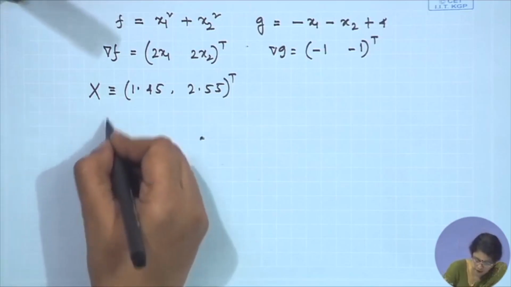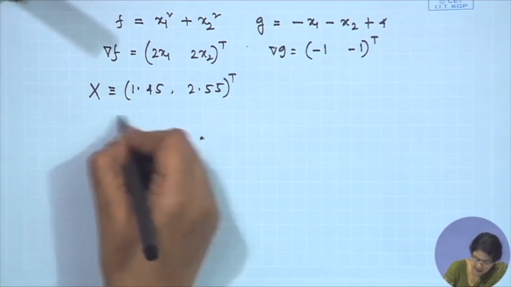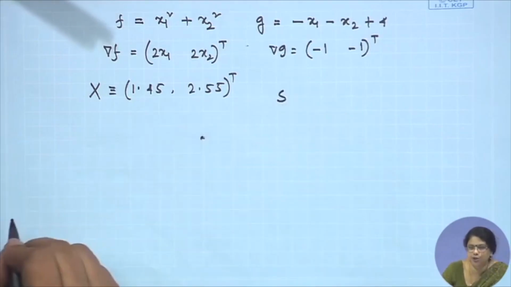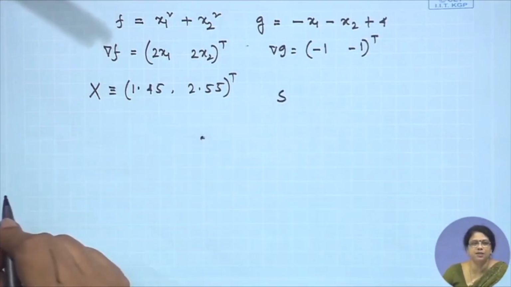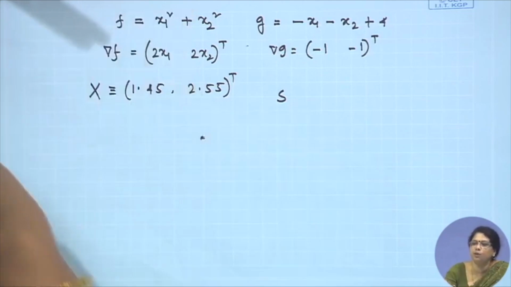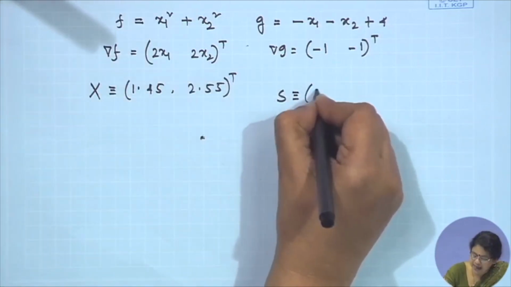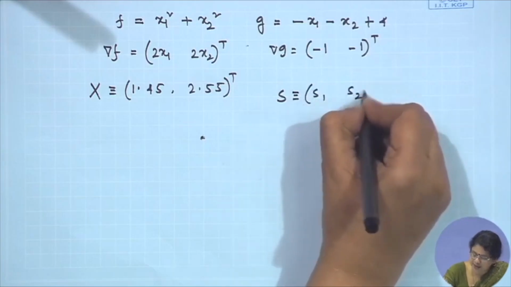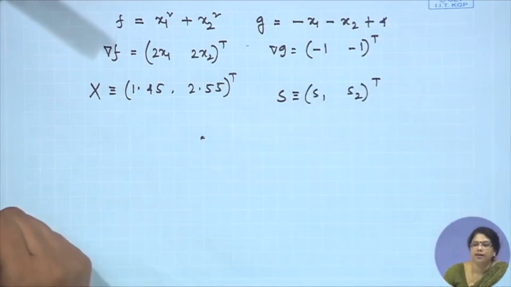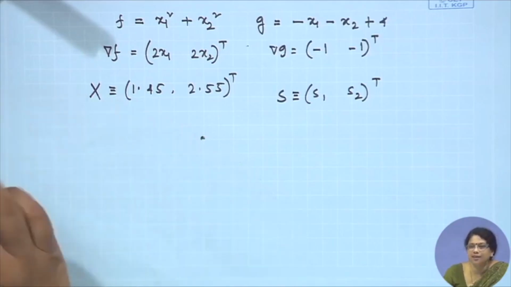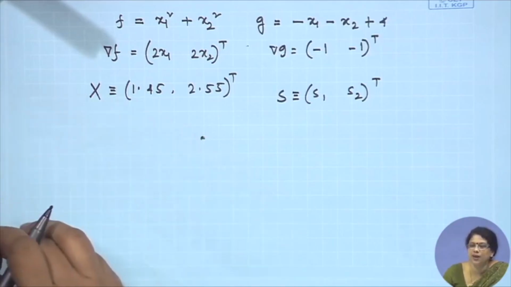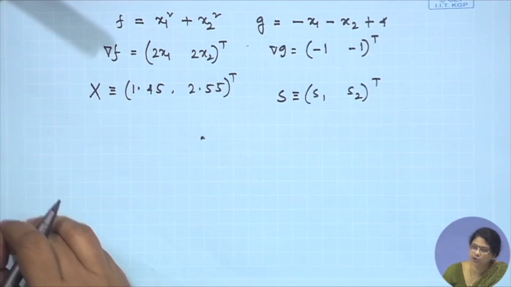What you will do? You will say S is a direction. S direction means what? You have two variables here. Then I will say this direction will have two components, S1 and S2. S1 is related to x1 and S2 is related to x2.